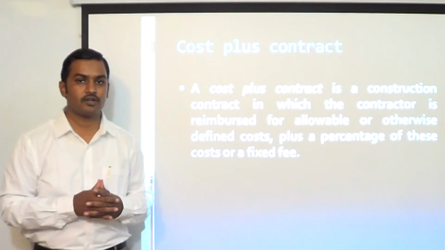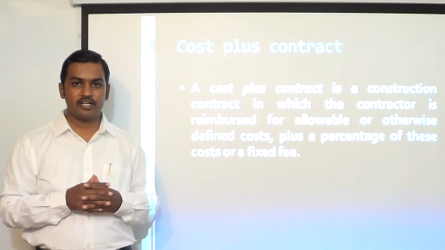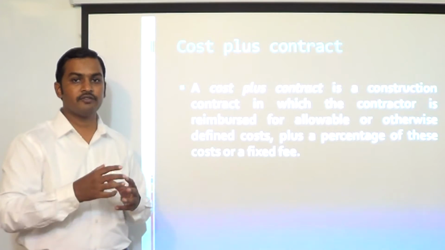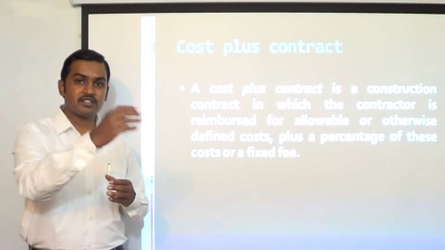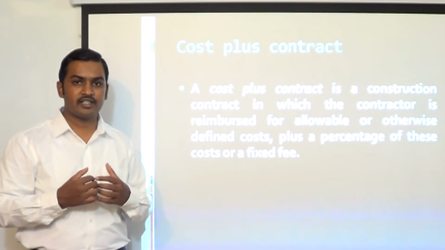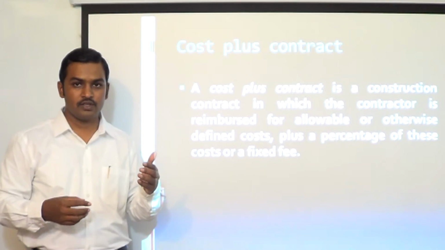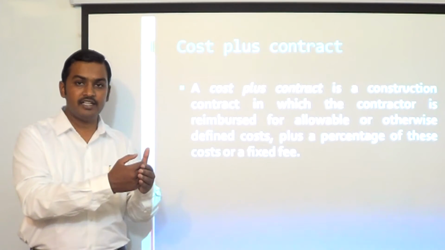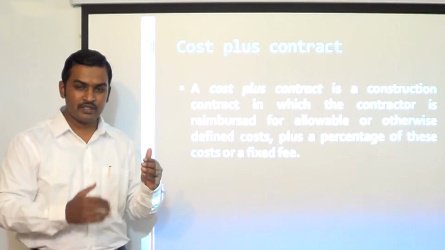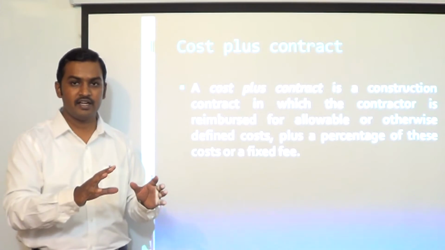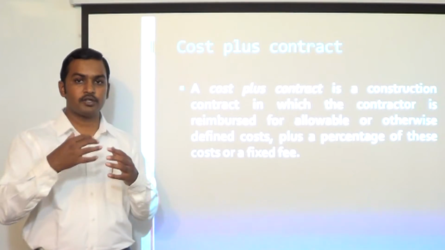Now what is a cost plus contract? In a cost plus contract, for the construction work which the contractor is doing for the contractee, the customer is going to reimburse the contractor for allowable expenses or agreed expenses. So the contractor and contractee will agree what are the expenses the contractor can incur for construction of the, we can say, asset, and the contractee is going to reimburse those costs.